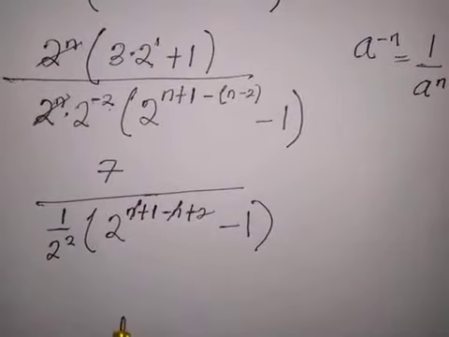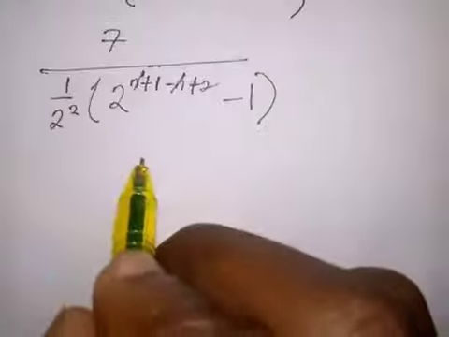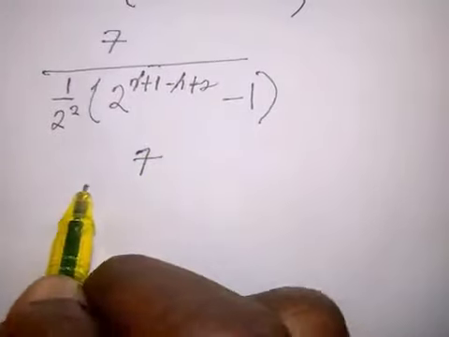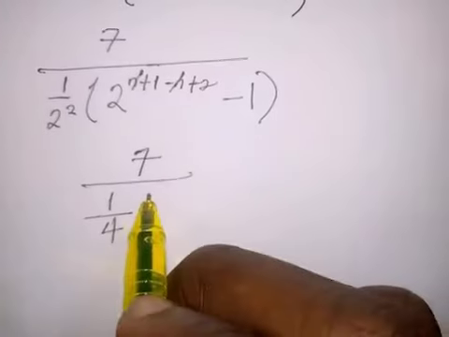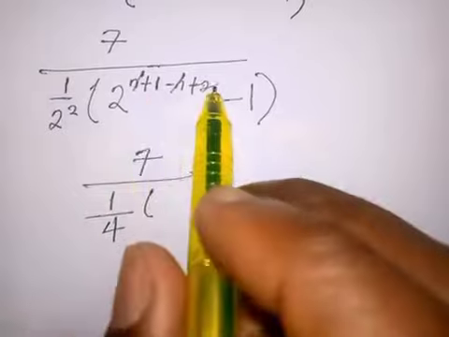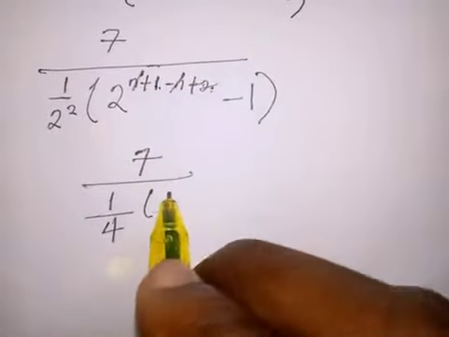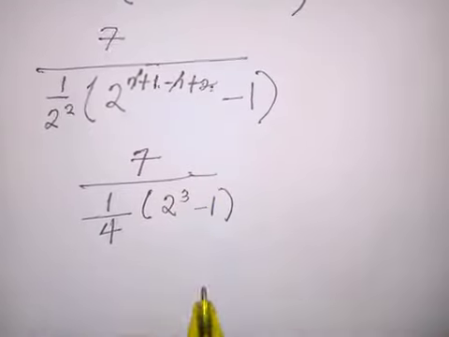So here at the numerator, I can have it as 7 divided by 1 divided by 2 raised to the power 2. It means 2 times 2, that is 4. Bracket. So here we have 1 and 2 left. Then 1 plus 2, that is 3. We have 2 raised to the power of 3 minus 1.